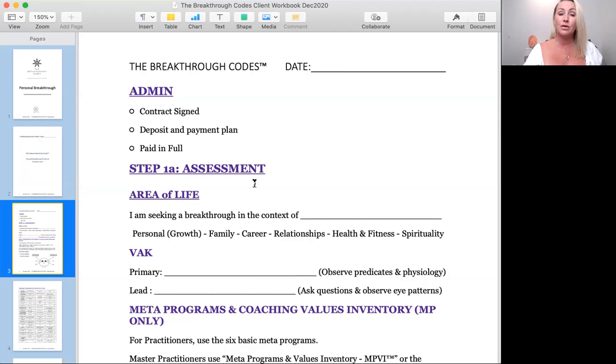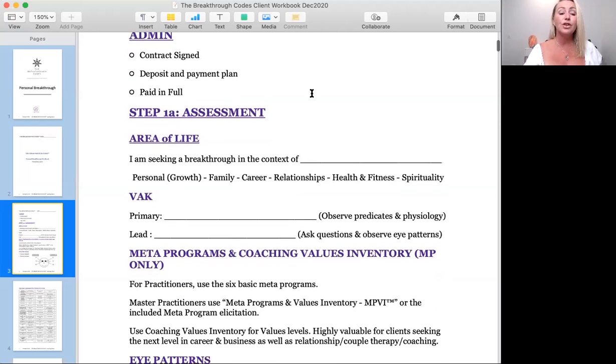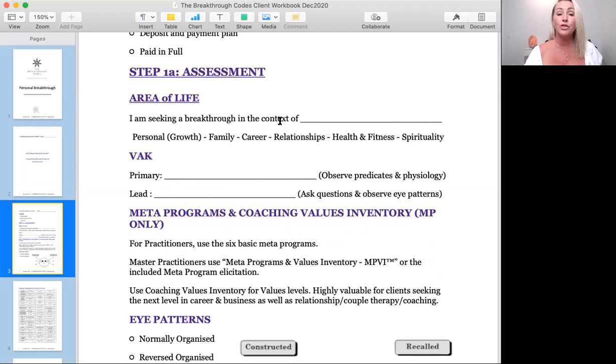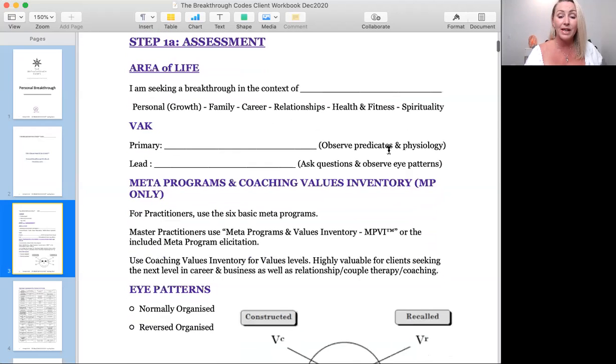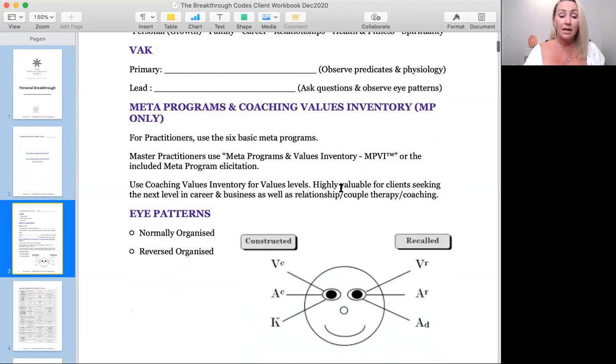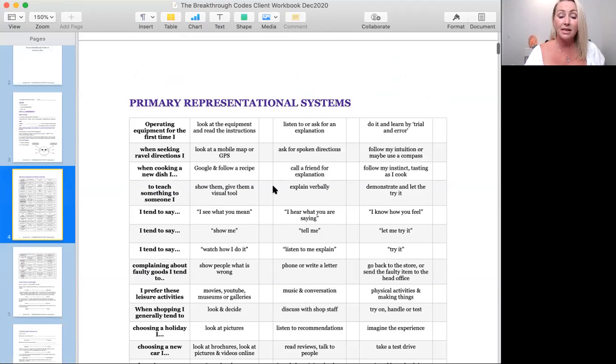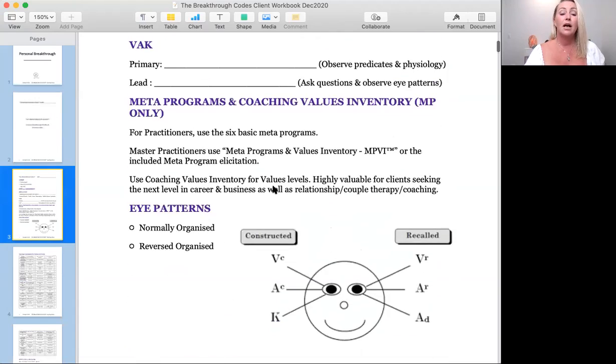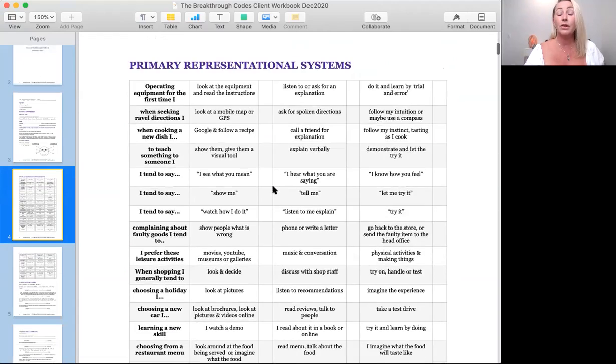So that's so key. So you're going to first start with the assessment, work on what's the breakthrough that we're working with. You guys already know that initially. When you're working with your clients, you're going to understand which is their primary and their lead rep systems. And we ask these questions really quickly, right?